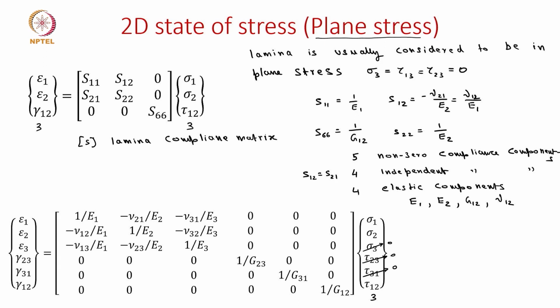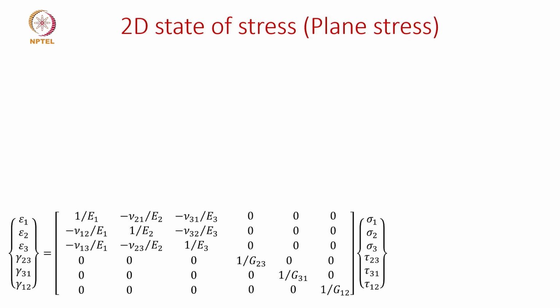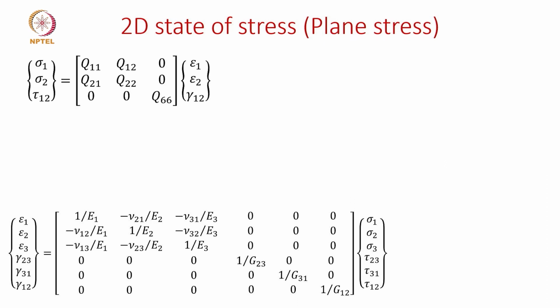Now, let us move on and see how we can write the stress strain relations. For the stress strain relations, where we have 3 components of stresses and the 3 components of strains, we now use the Q matrix, which we call the laminar stiffness matrix.